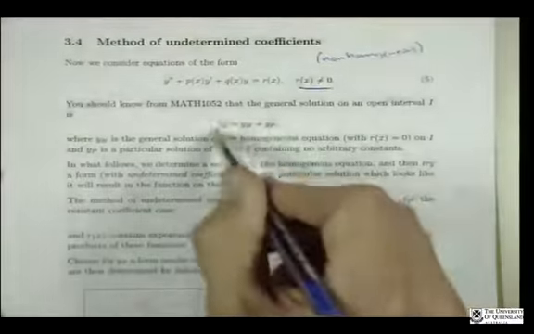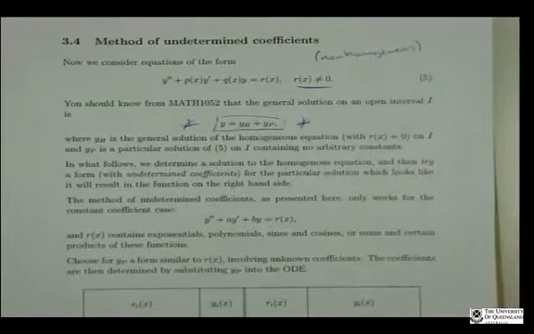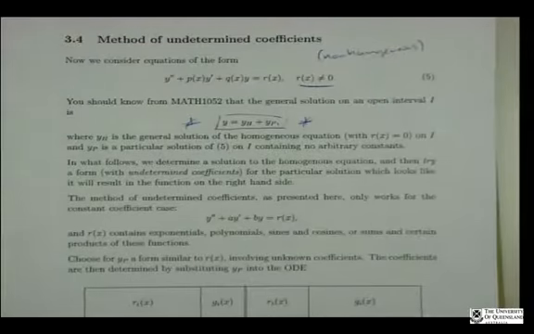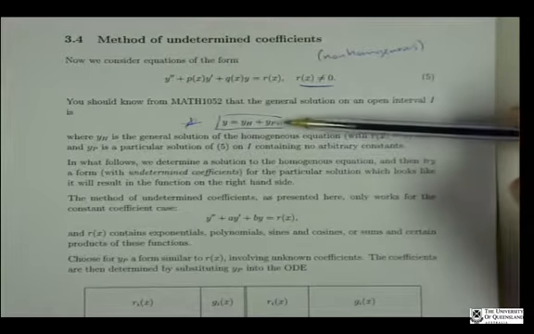So it's always of this form YH plus YP, where YH is the solution to the corresponding homogeneous equation with R equals 0. Sometimes that's called the homogeneous solution or the complementary solution. You may have seen YH referred to as that, and this YP is referred to as a particular solution.